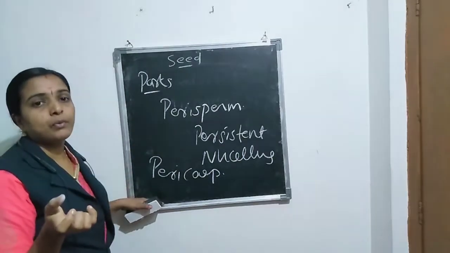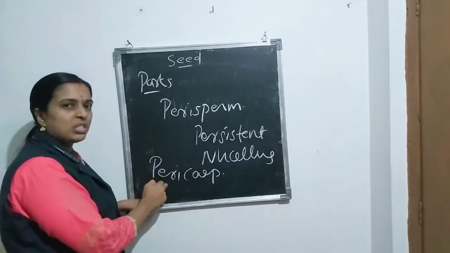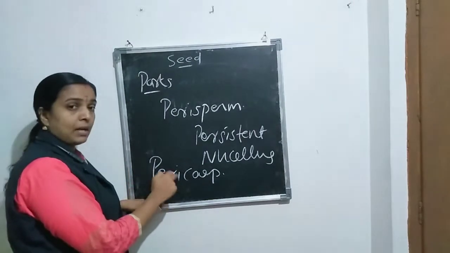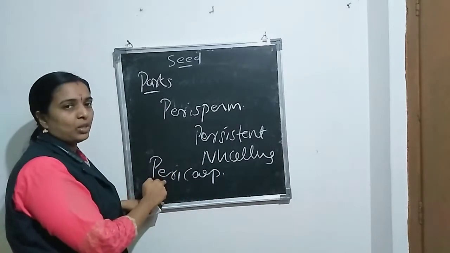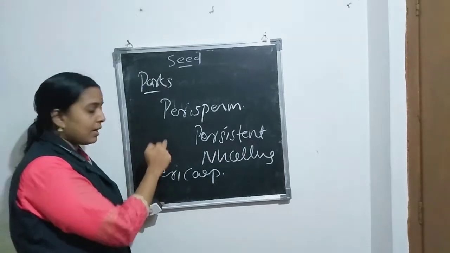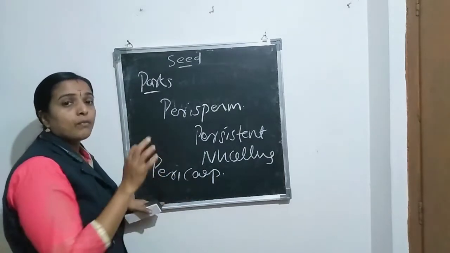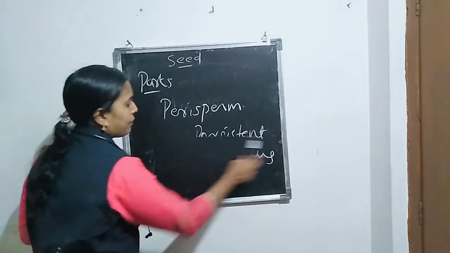The ovary wall becomes the fruit wall. Pericarp is the fruit wall. Don't confuse these two terms. That's why I am explaining this structure also. Perisperm is the persistent nucellus found in some seeds, and pericarp is the fruit wall or ovary wall. Okay. These are the parts of a seed.